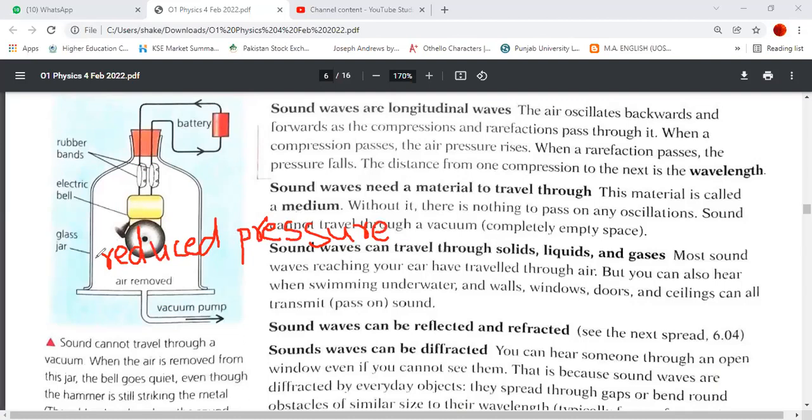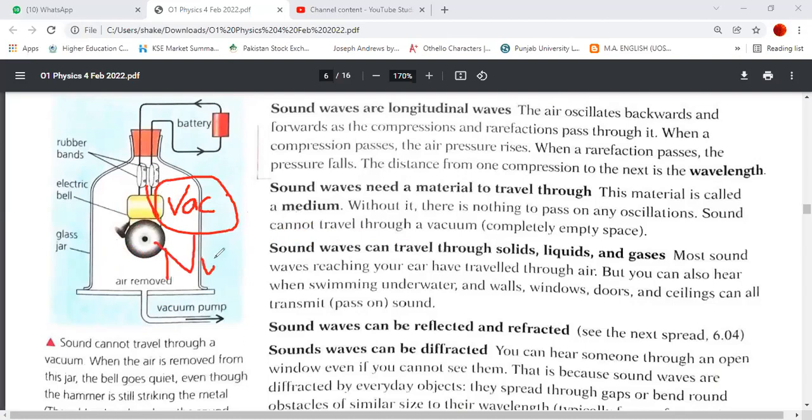Afterwards, when all of the air has been eliminated from the system and a vacuum is created, there is no sound. You will be unable to hear any sound outside the jar.